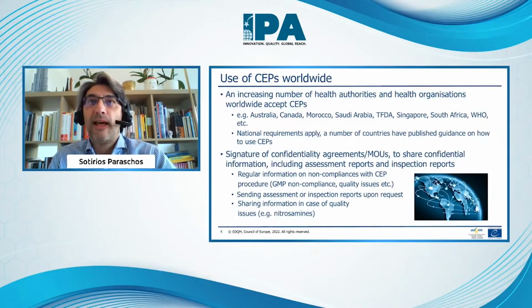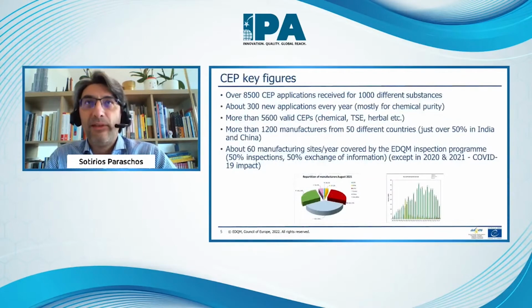On the next slide, we can see a few of the key figures regarding the use of CPs. So over 8,500 CP applications have been received so far since the beginning of the certification procedure at the EDQM for at least 1,000 different substances, all having a monograph in the European Pharmacopoeia.